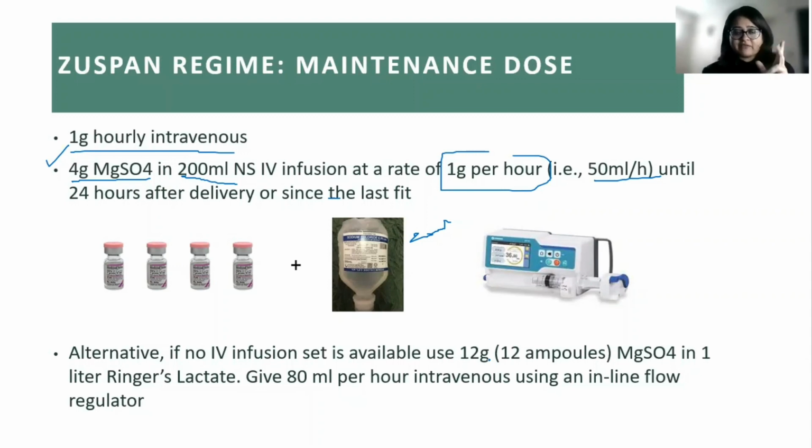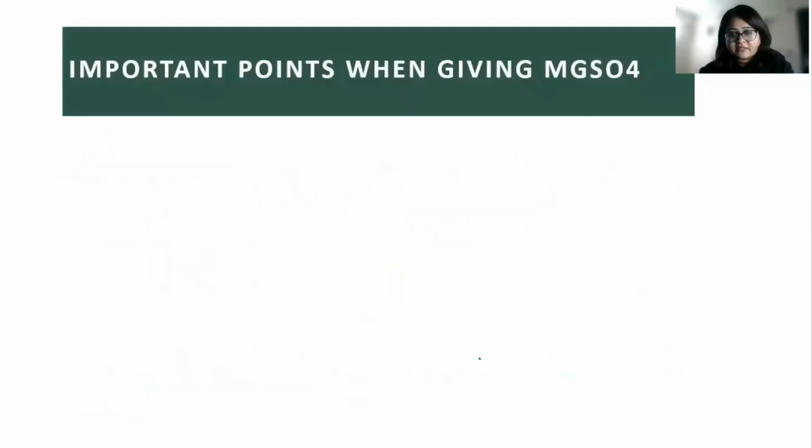Loading dose is only the IV, not the IM. Zuspan is preferred if you have an IV infusion pump, and most places these days do have one. This is in a way better because it is a low dose regime like the Sibai. Zuspan and Sibai are both low dose regimes, and the chance of magnesium toxicity remains less.